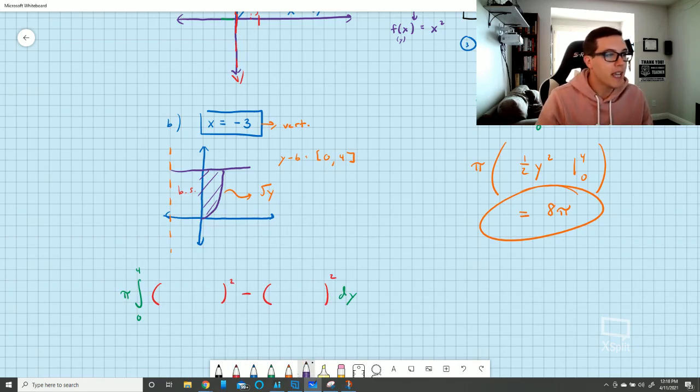All right, so same steps I had you write before. That's the cool thing. It doesn't matter if it's a horizontal or vertical axis. It's the exact same setup. To find big R, start at your axis of rotation, go through the blank space, hit the inner edge, go through the shaded region, hit the outer edge. Draw it one more time and see if it changed size. Through blank space, inner edge, outer edge. It's different, so that means it has something to do with the function.